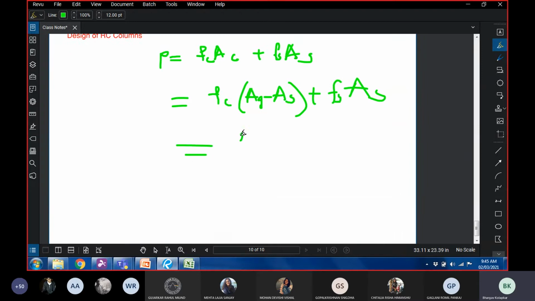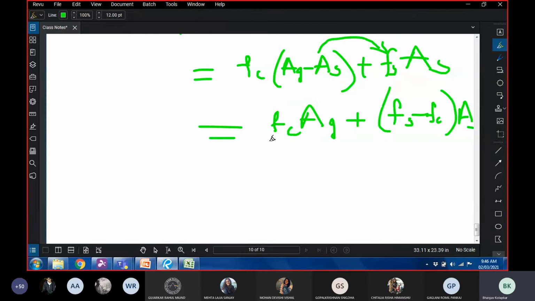I can rewrite this as the stress in concrete times the gross area plus the stress in steel minus the stress in concrete times the area of steel. So I've just shifted this term here. So (Fs minus Fc) into As.